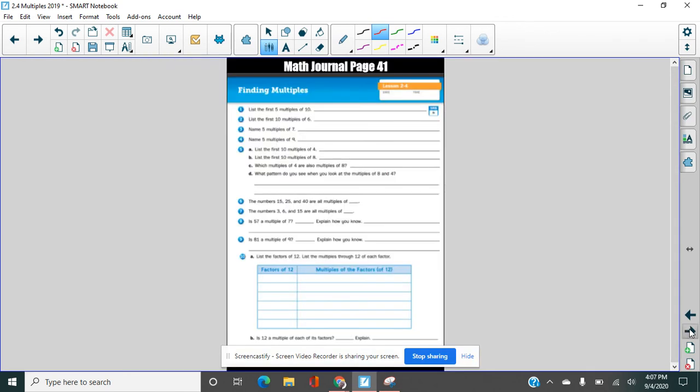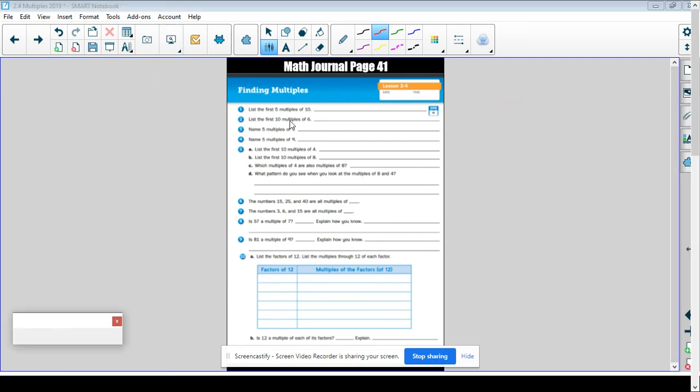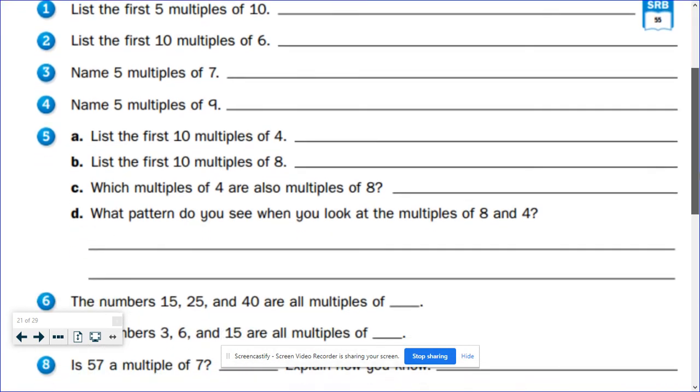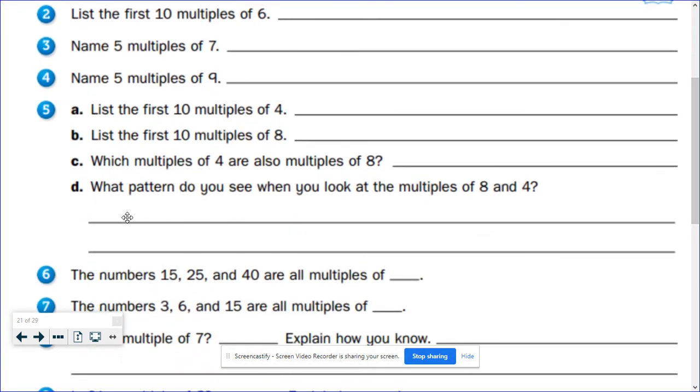All right, let's look at our math journal page today. A little bigger here. First, you're finding multiples. Well, first 5 multiples of 10. You know how that starts. Count by tens. Boom, boom, boom, boom, boom. You'll be done with that one. Okay, then you continue doing that for the top part. You're going to look for patterns here, right? So you're going to be writing a sentence.